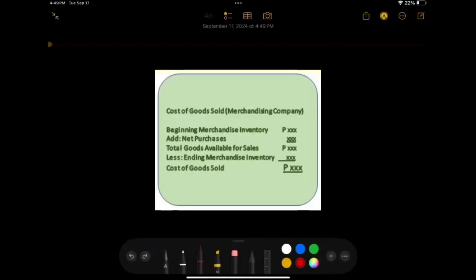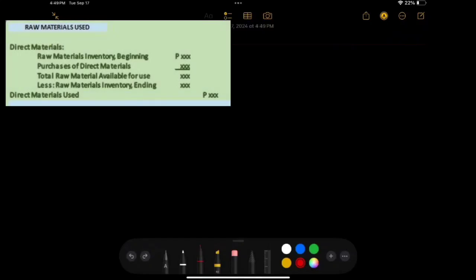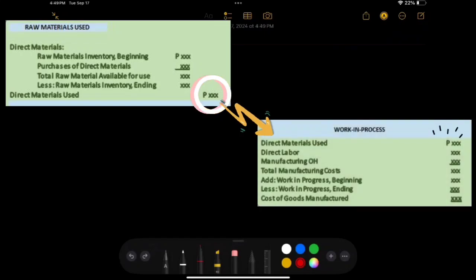So, what if naman kung yung ating cost of goods sold ay from a manufacturing company? So, I will have to introduce to you 3 kinds of inventories and how these inventories are related to each other. So, starting from raw materials inventory, makukuha natin yung direct materials used. Tapos, pag nakuha na natin yung direct materials used, ipo-forward natin yung cost ng direct materials sa work in process. Dito sa work in process, yung target nating makuha is to get the cost of the goods manufactured.